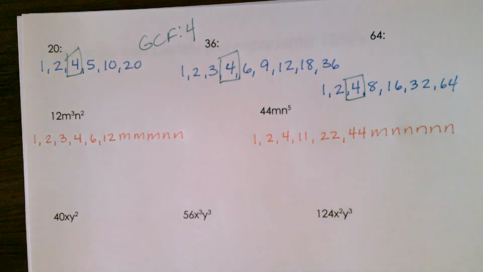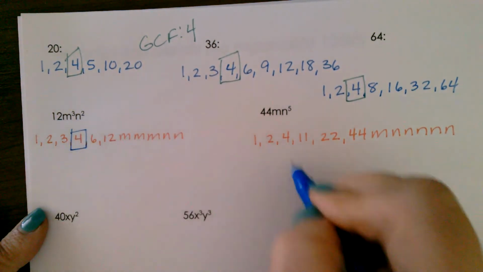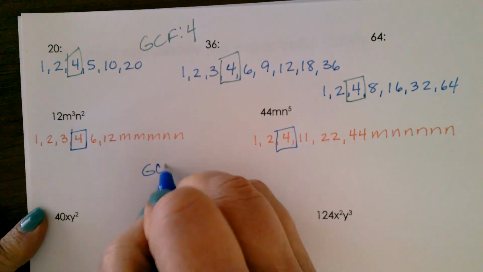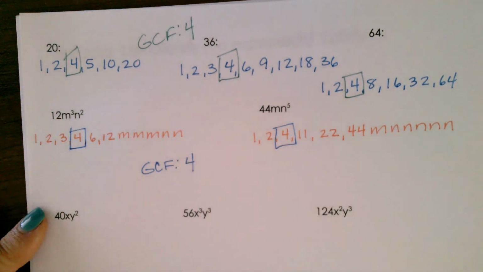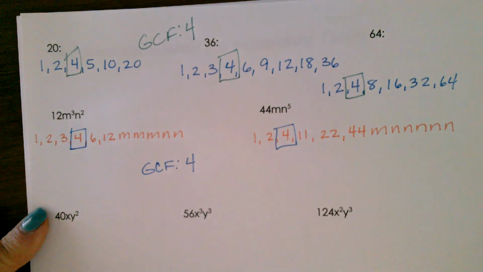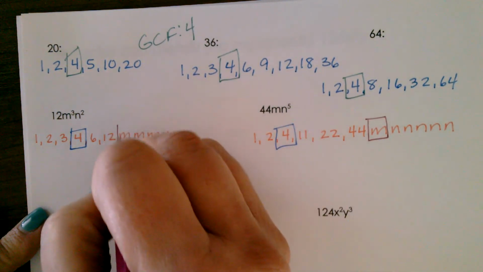Okay, so we're looking for the greatest common factor. Well, when I look at the digits, what do you know? We have a 4 again. Like I said, must have been the number of choice for the day. Now I need to look at the variables. I see that this one has 1 M, and so does this one.